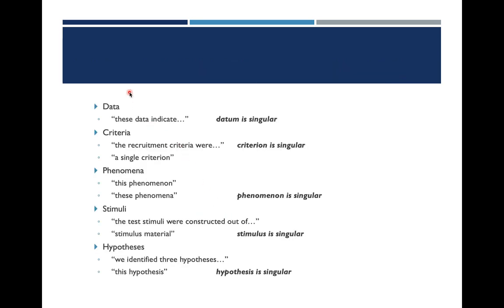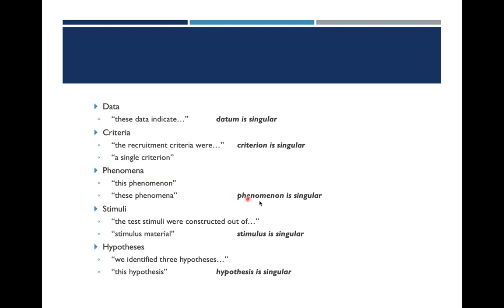Okay, some common plurality mistakes. Data is a plural word. The singular is datum. So these data indicate, not this data indicates, right? If you're using the word data, it's plural, so we have to pluralize the words around it. Criteria is plural. Criterion is the singular.